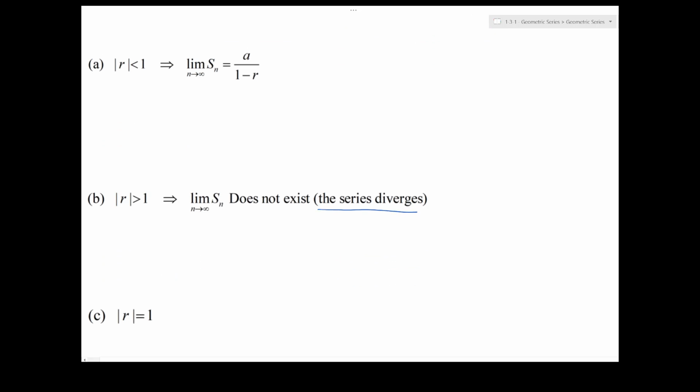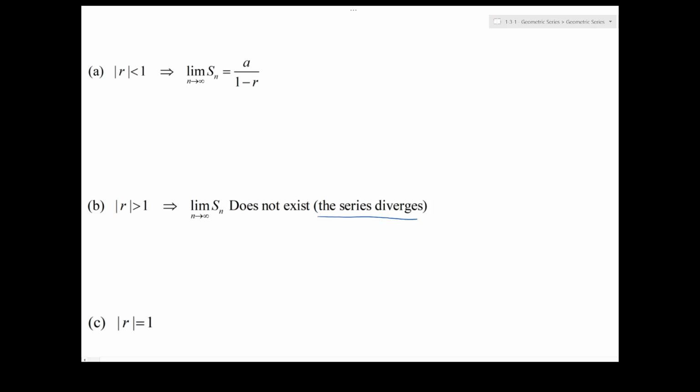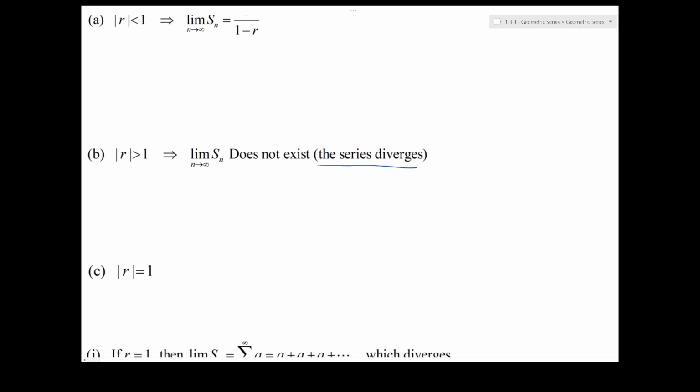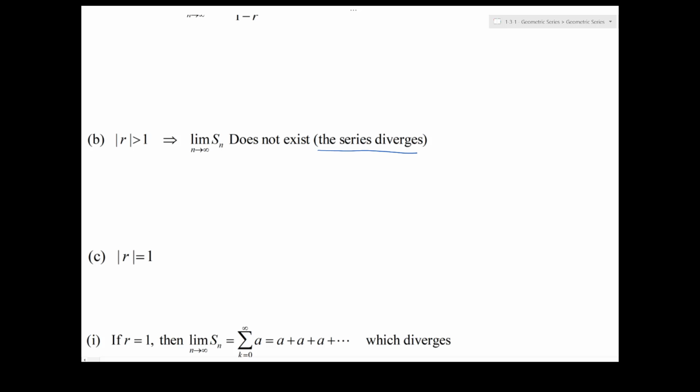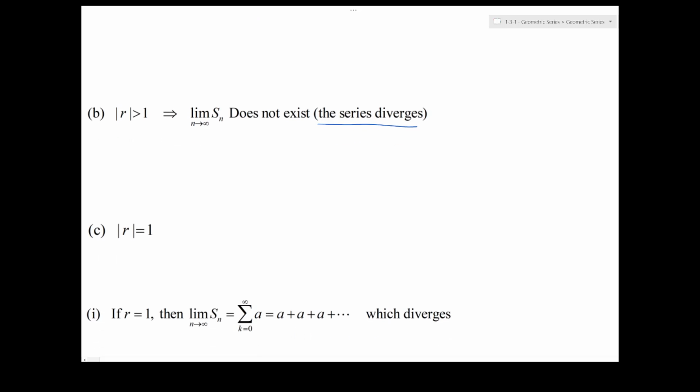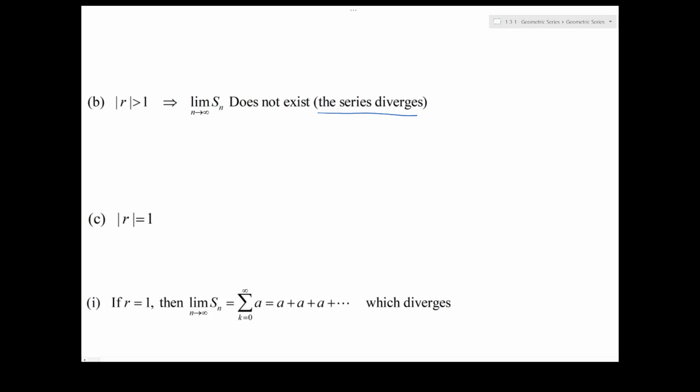And then finally, there's the third case. What about the magnitude of r equal to 1? Okay, so there's really two cases in this last case. If the magnitude of r is 1, then what do we get? Well, either r is 1 or r is negative 1. In the first case, if r is 1, then, remember, what are we adding up? a r to the k's inside the series.